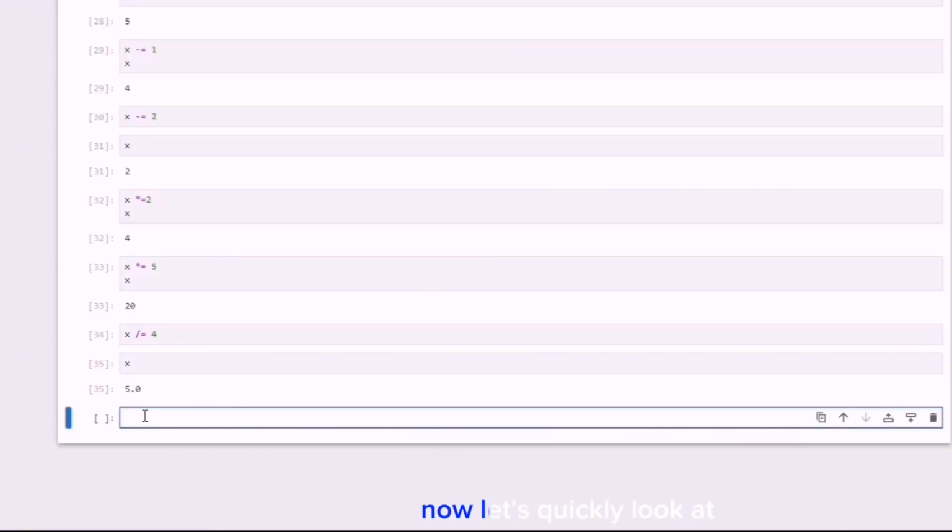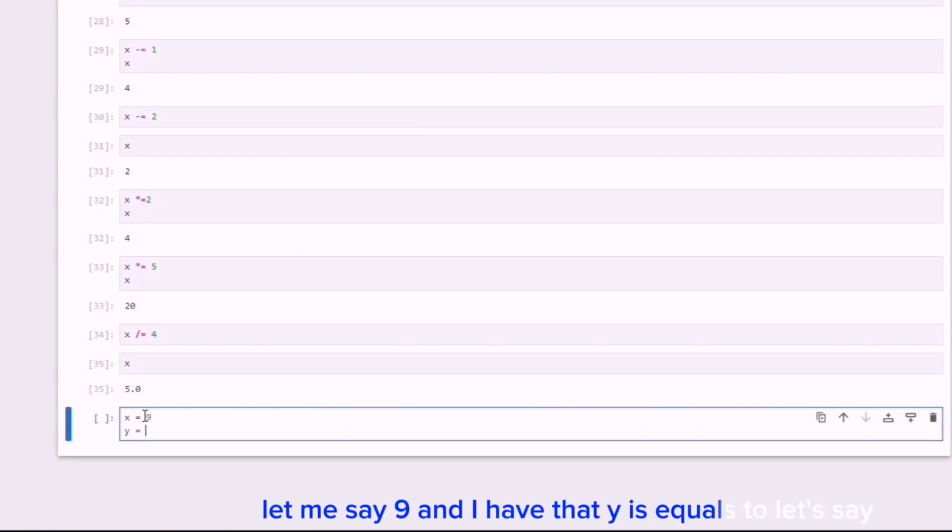Okay, now let's quickly look at the remainder assignment operator, exponential assignment operator, and floor division assignment operator. Now, these operators work similarly to the ones we've seen. For example, if I have x is equal to, let me say 9, and y is equal to, let's say 2.